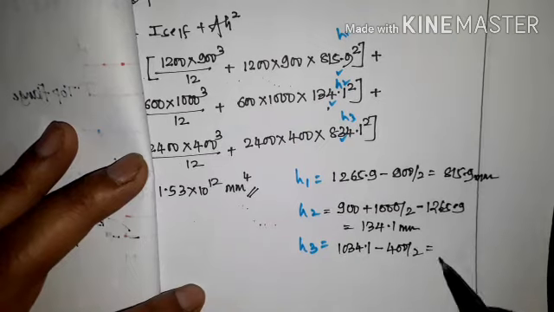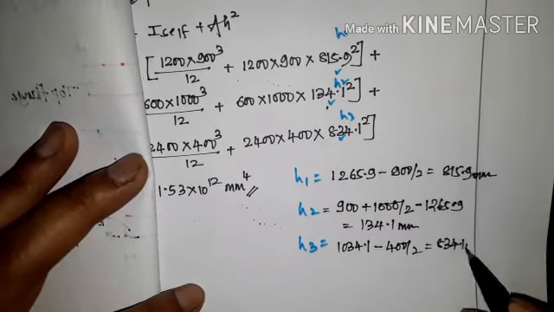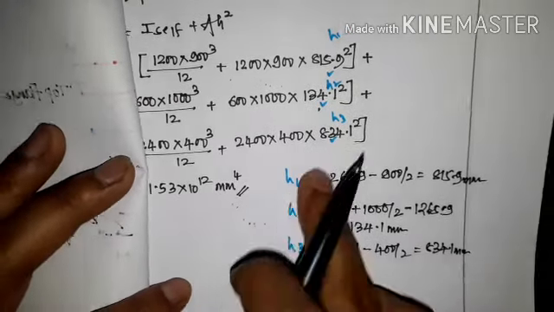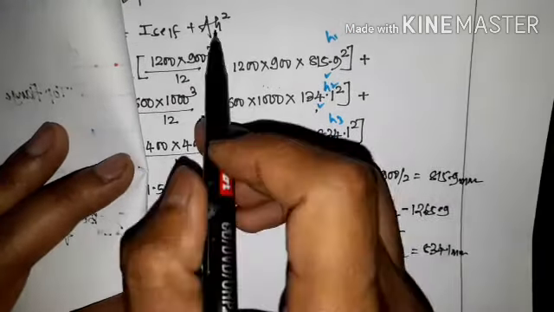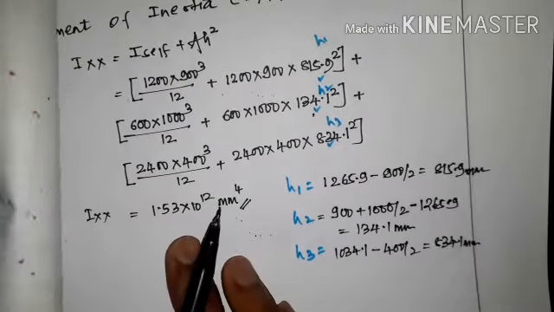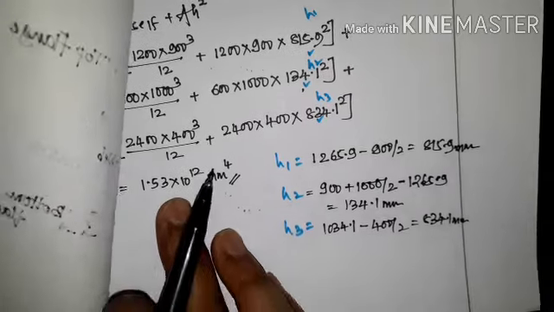That we will get as 834.1 mm. So we have used 834.1. This is regarding h1, h2 and h3, because of the h square term in A h square. So we got the moment of inertia as 1.53 into 10 to 12 mm raised to 4.